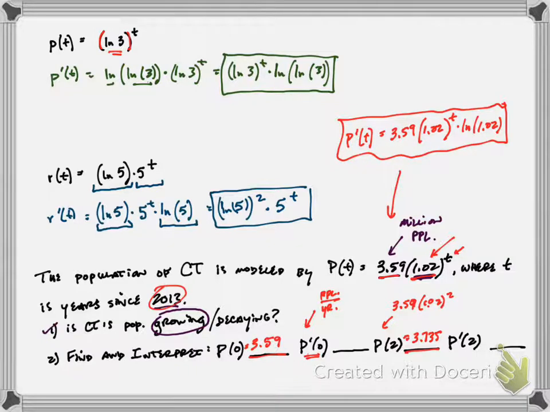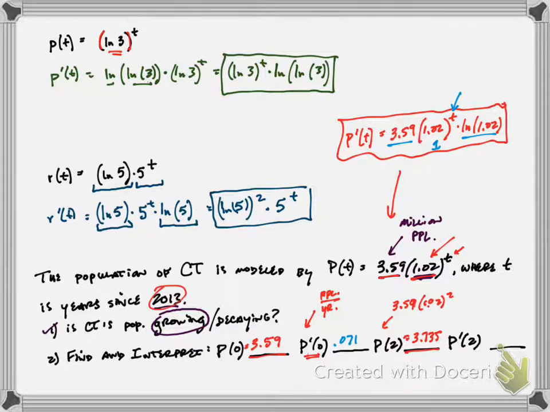Now, what is P prime of 0? Well, if I want P prime of 0, then I'm going to put 0 in for t. And I get 3.59 times 1, because 1.02 to the t is 1, times the natural log of 1.02. So 3.59 times the natural log of 1.02, I am getting approximately 0.071. So P prime of 0 is about 0.071.